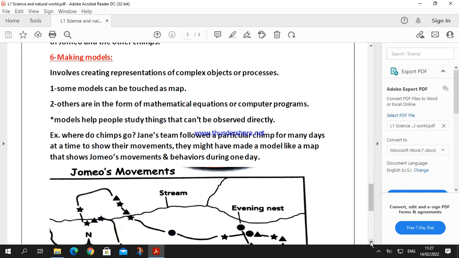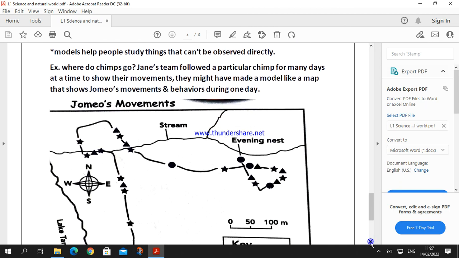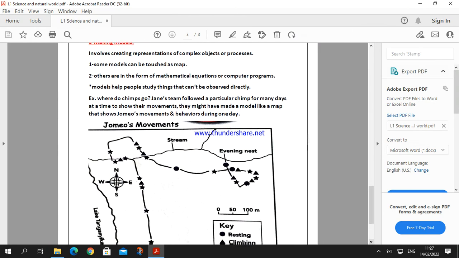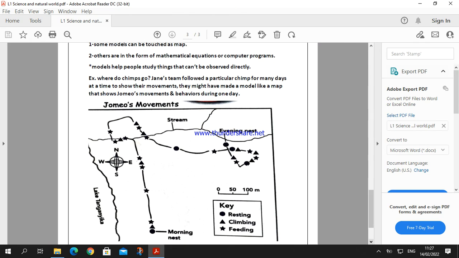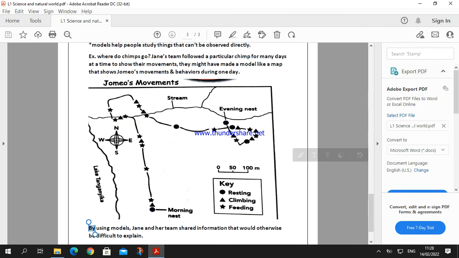For example, this is a map. Where do chimps go? Jane's team followed a particular chimp for many days at a time to show their movements. They might have made a model like a map that showed Jomyu's movement and behavior during one day.